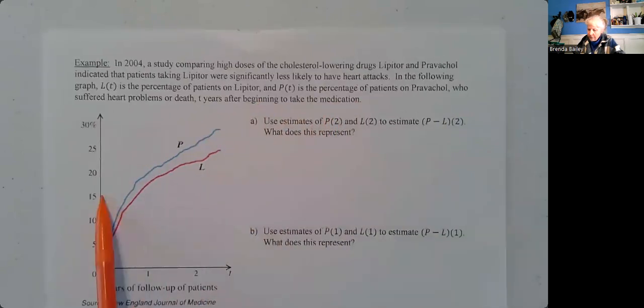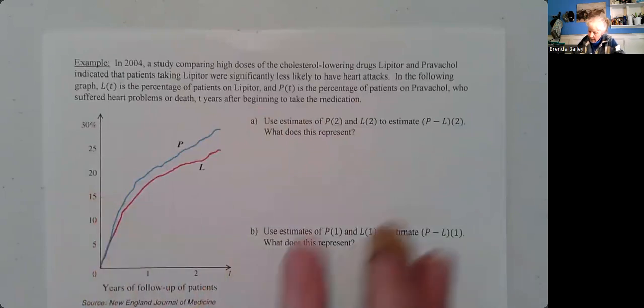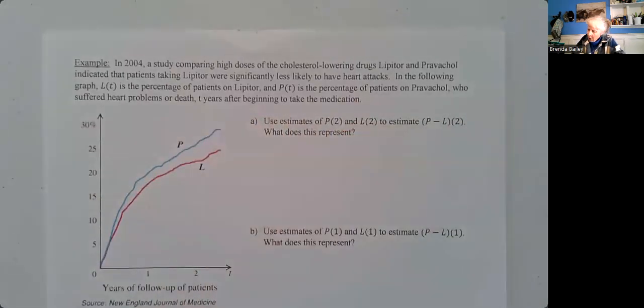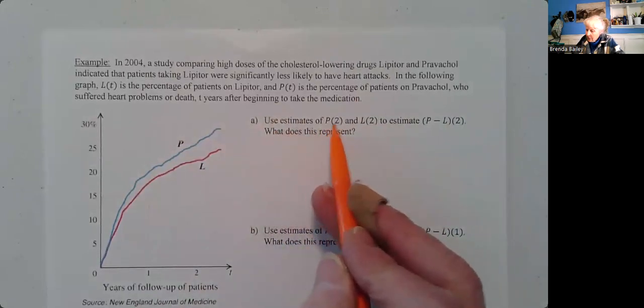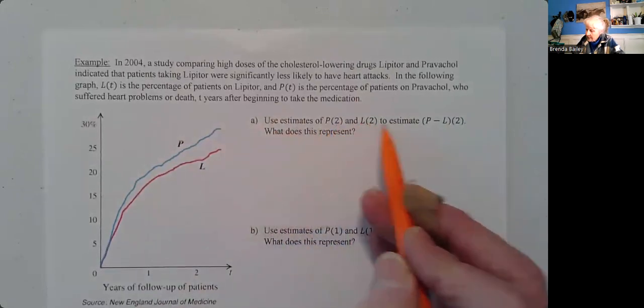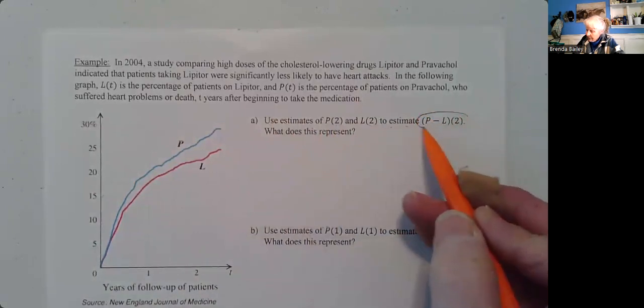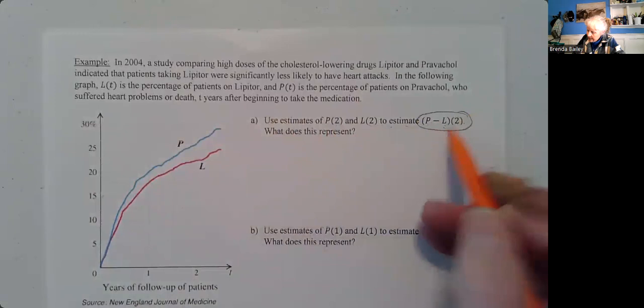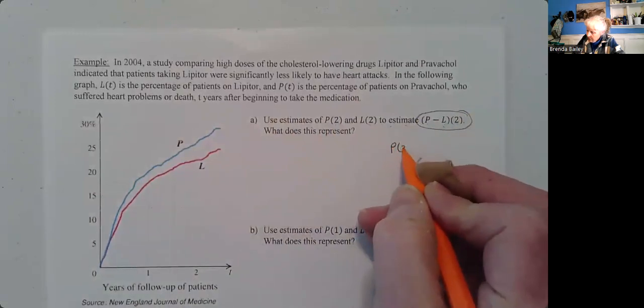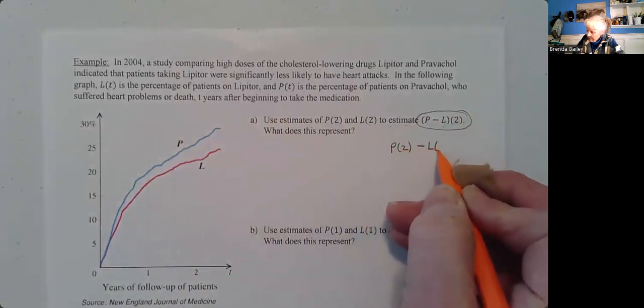So this is, 15% of the people either had heart complications or death. So knowing that, let's see what we've got here. Use estimates of P sub 2 and L sub 2 to estimate P minus L of 2. So you have to remember, this is the same thing as P sub 2 minus L sub 2.